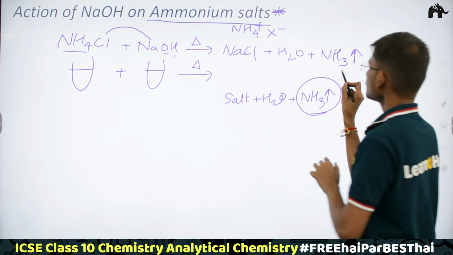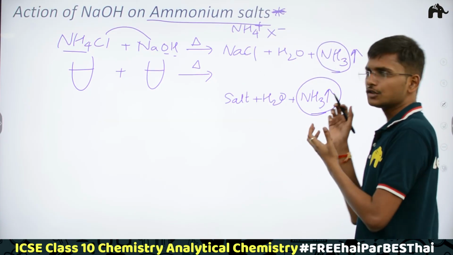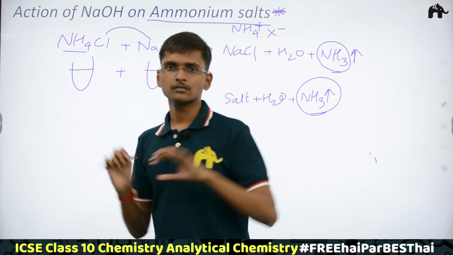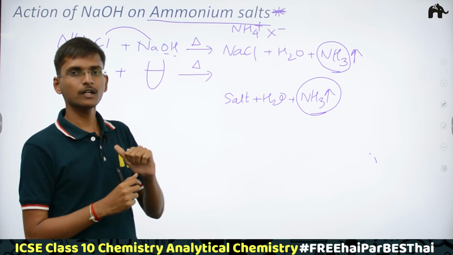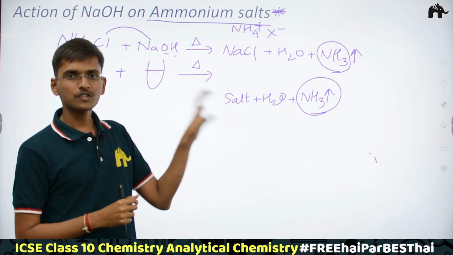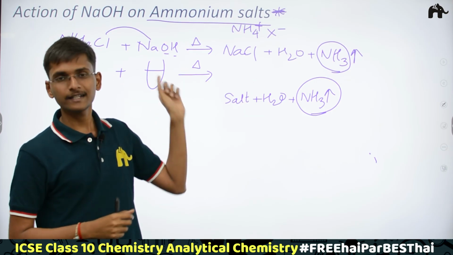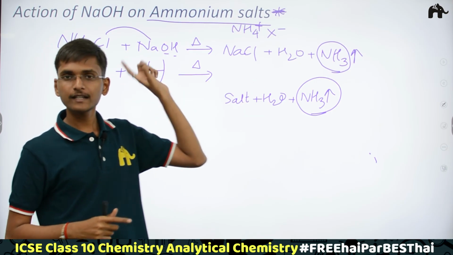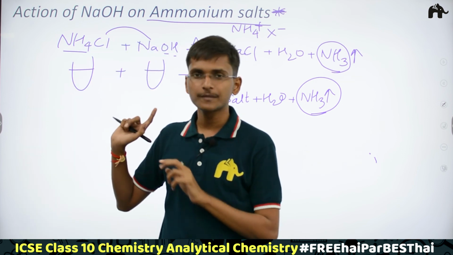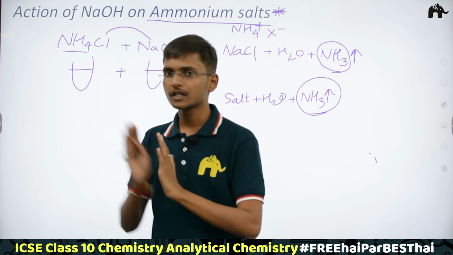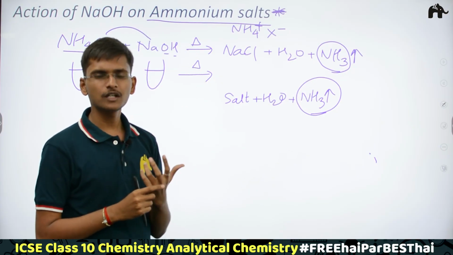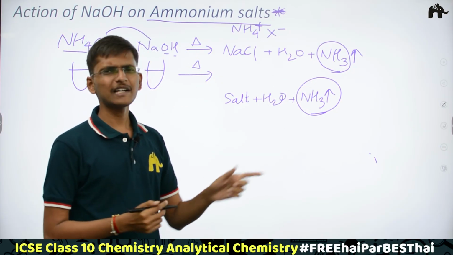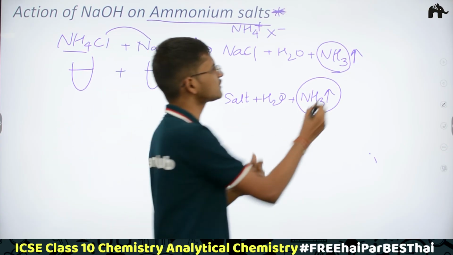Now this ammonia gas, sometimes they ask you in examinations to give an observation. Just as we have seen in the previous chapter, give an observation when you add alkali and heat that alkali along with ammonium salt solution. So what is happening? Ammonia gas is released. This you would observe. And how you would observe? Ammonia gas has a pungent smell.